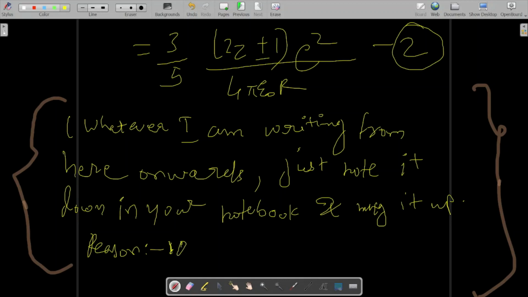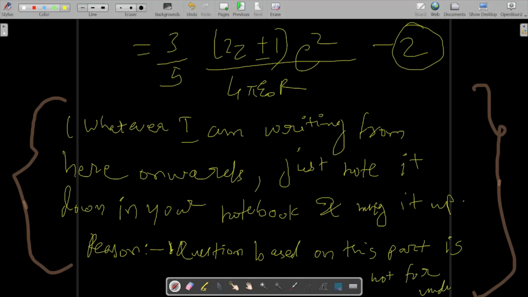Questions based on this part are not for understanding. Whatever questions are asked based on this part are very rectification type of questions, mugging up type of questions, not based on understanding.